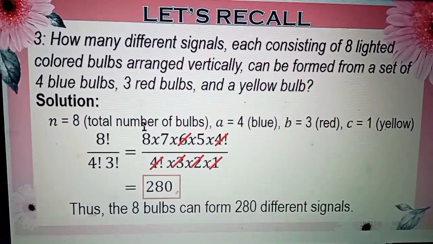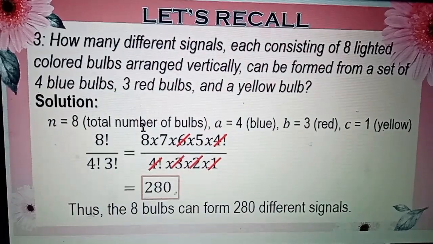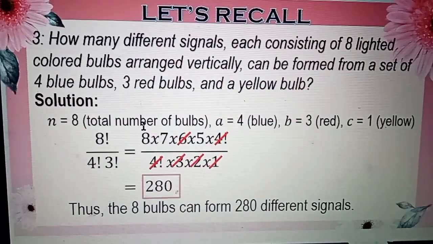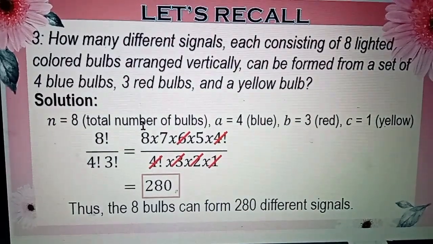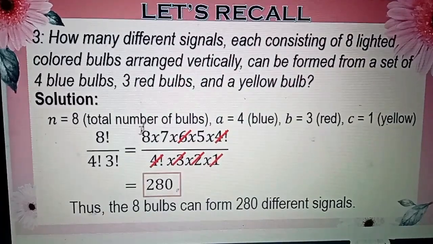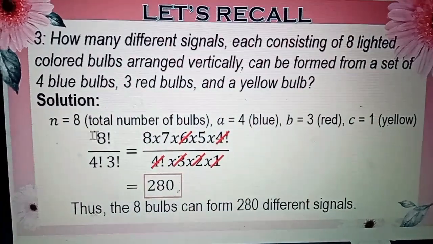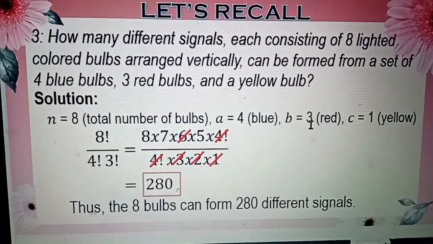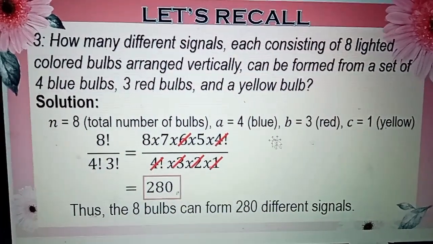Okay, next, how many different signals, each consisting of 8 lighted colored bulbs arranged vertically, can be formed from a set of 4 blue bulbs, 3 red bulbs, and a yellow bulb? So n is 8, the total number of bulbs. a is 4 blue, b is 3 red, c is 1 yellow.